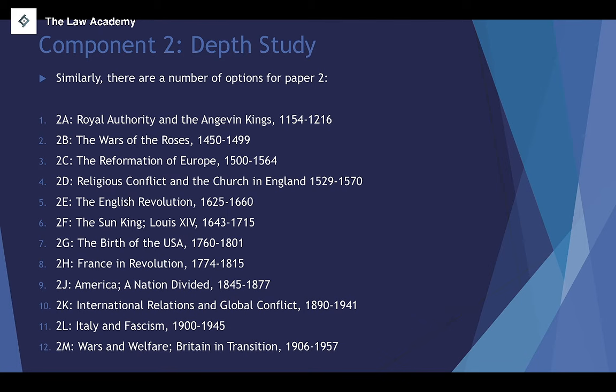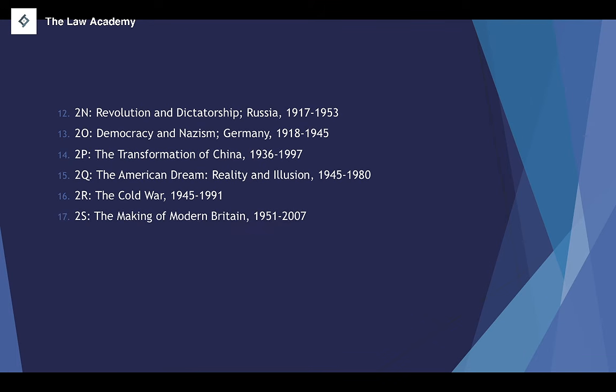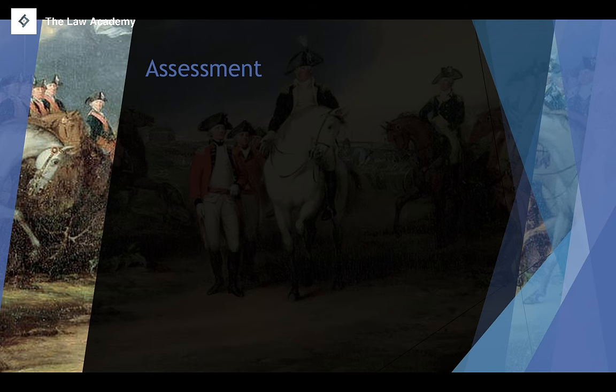So, for example, Reformation of Europe is only from 1500 to 1564, and you also have, for example, the module on the American Civil War being from 1845 to 1877, and there are more on the other page here as well. So these are all of the options for both Paper 1 and Paper 2.